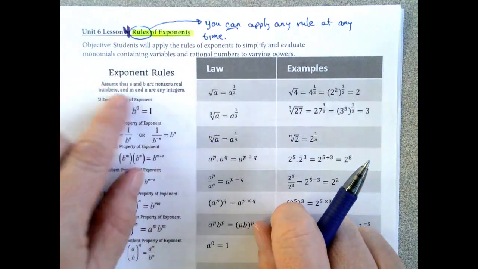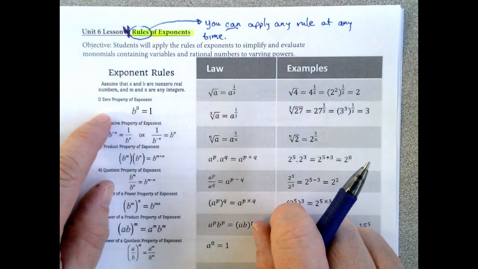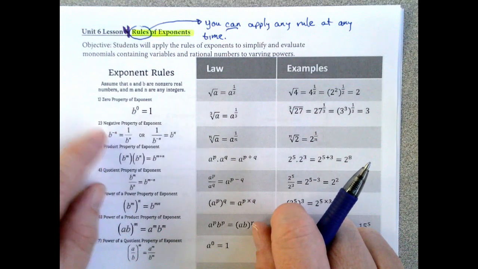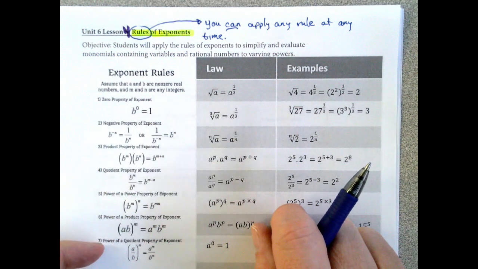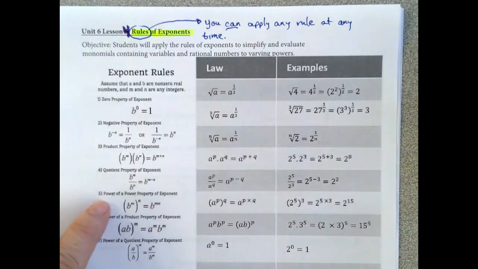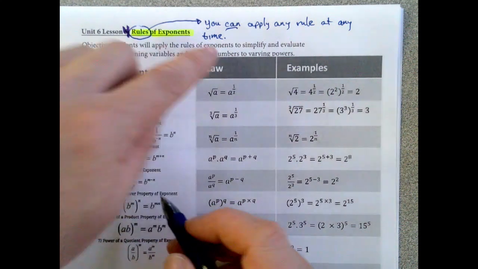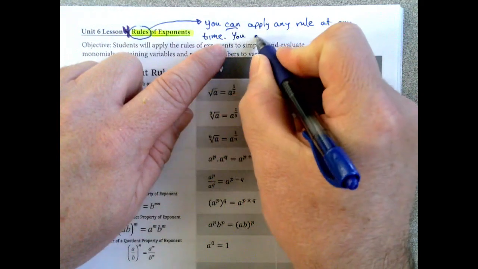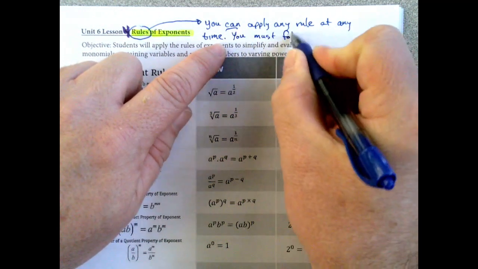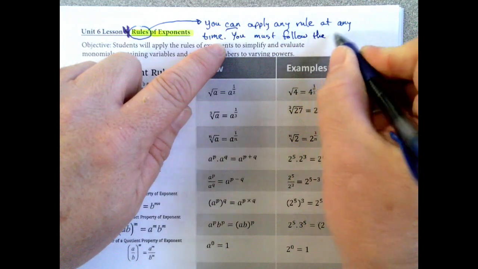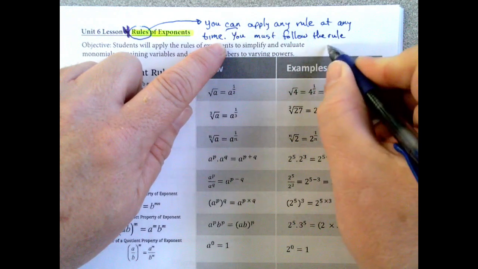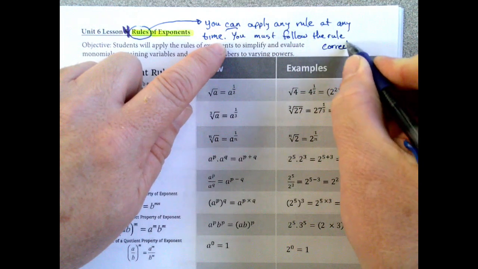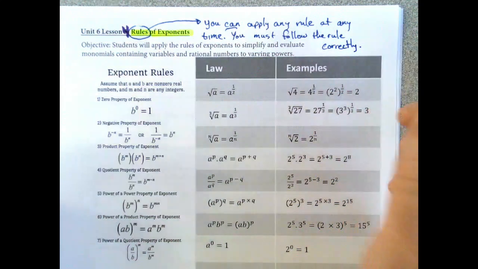It's not like I have to apply the zero property rule or this negative property rule. I can apply any of these rules that you're going to learn about today, any of them at any time, as long as you follow the rule correctly. So that's the key here.